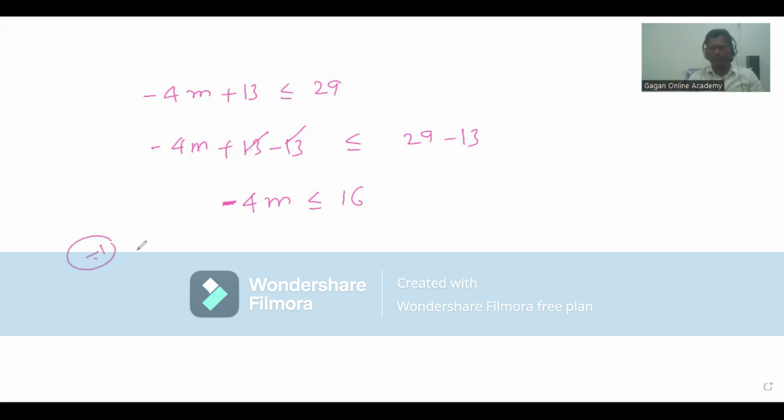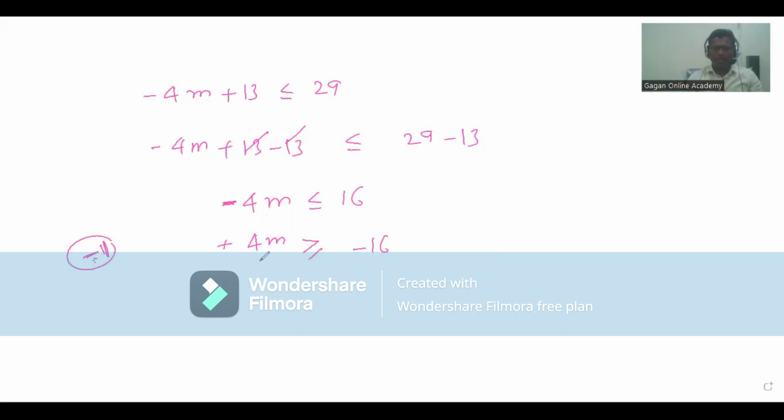Minus into minus becomes plus, and minus into plus becomes minus. Now we are multiplying this inequality by a negative quantity, so that's why the symbol less than or equal to becomes greater than or equal to.